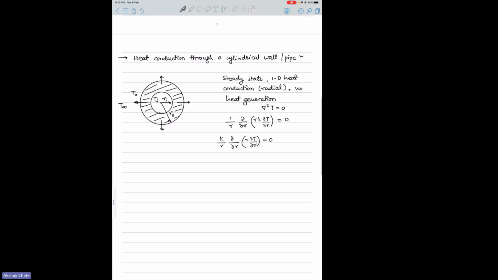And then if you integrate it once, this is assuming constant k, thermal conductivity, so k comes out of the differential. So this will be your 0.